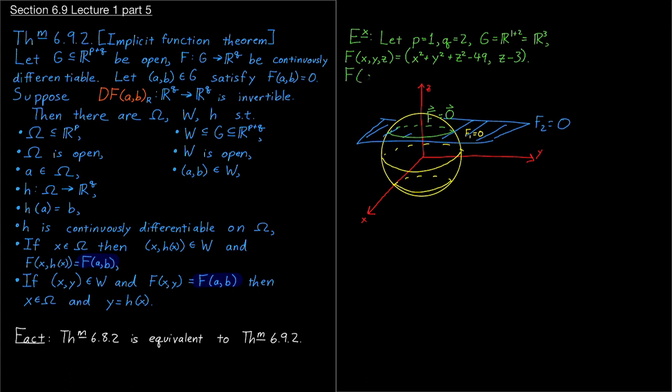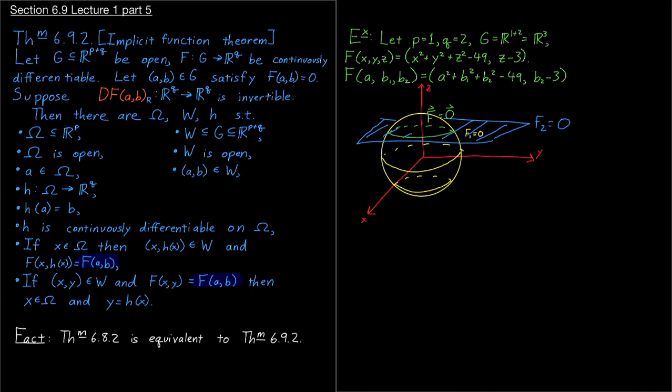So we've got that f of a, b1, b2, we saw that was a squared plus b1 squared plus b2 squared minus 49, and then b2 minus 3.